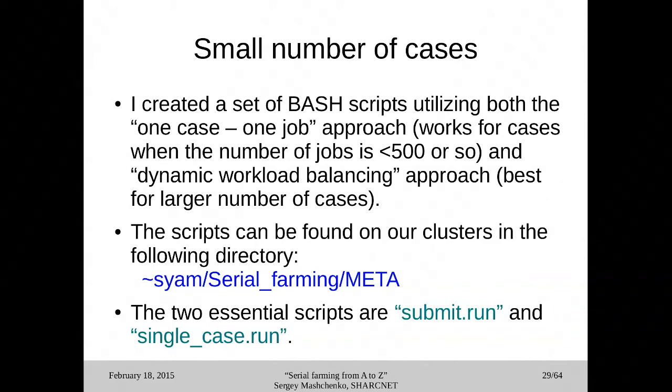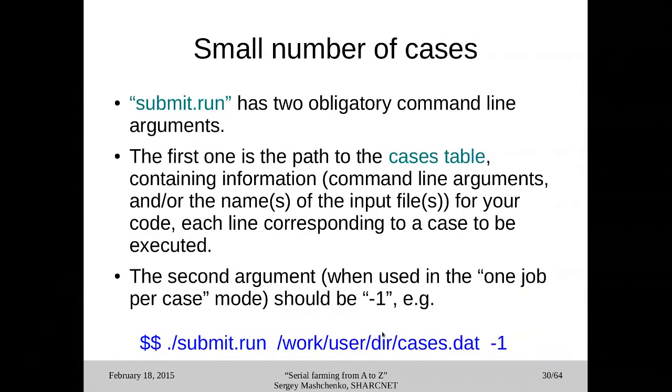There are multiple scripts inside that directory. The two essential ones are submit.run and single_case.run. submit.run has two obligatory command line arguments. The first is a path to the cases table. At this point, you should have a good understanding of what I mean by cases table. This is a text file where each line has all the information one serial farm execution of your code needs.